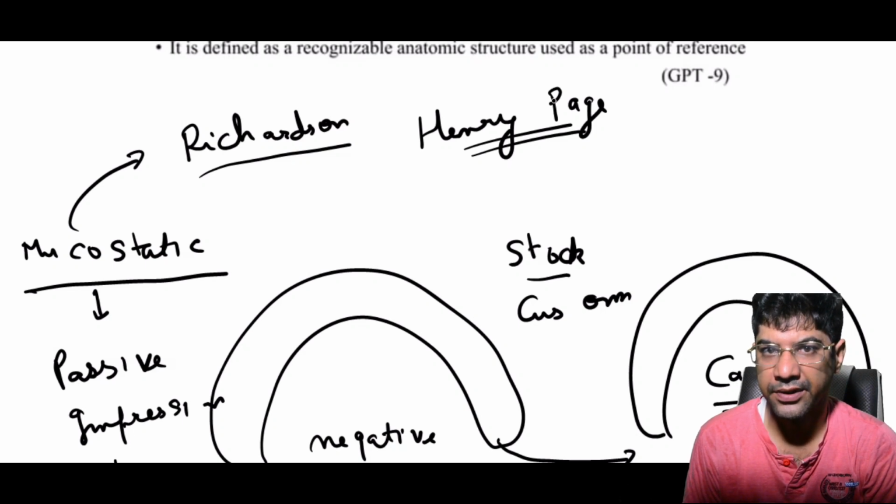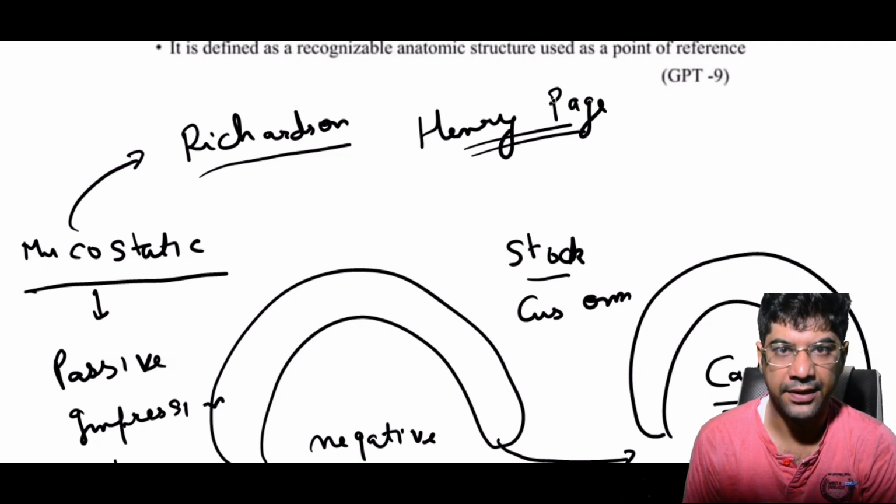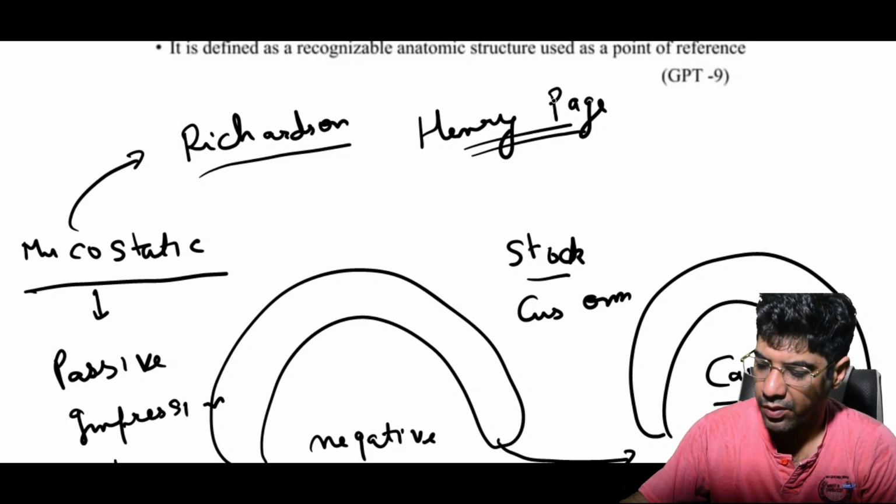So it uses material like agar and low viscosity alginate. So what are the advantages of mucostatic impression? It has good retention, there is minimal tissue trauma, and the disadvantages are there is poor stability during the occlusion load.